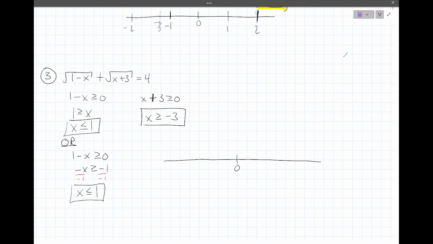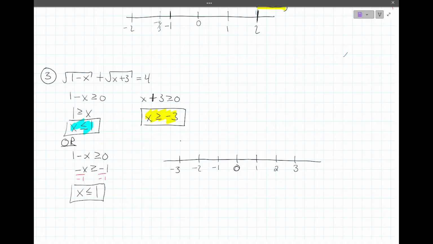So this is at 0. Let's call this 1, 2, 3. This is going to be negative 1, negative 2, negative 3. Okay, so I know x has to be, and let's shade this one in yellow, and we're going to shade this one in blue.